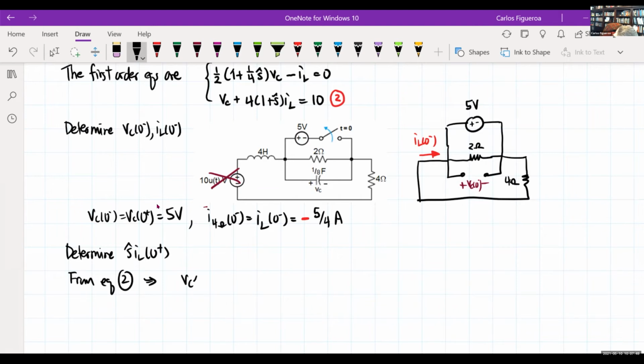I have VC of 0 plus plus 4 S hat IL of 0 plus equals 10. Okay, that's a little bit too messy. Okay, that's what I'm seeing right there. So now what I want to do here is, of course, my goal is I got to solve for this guy right here.